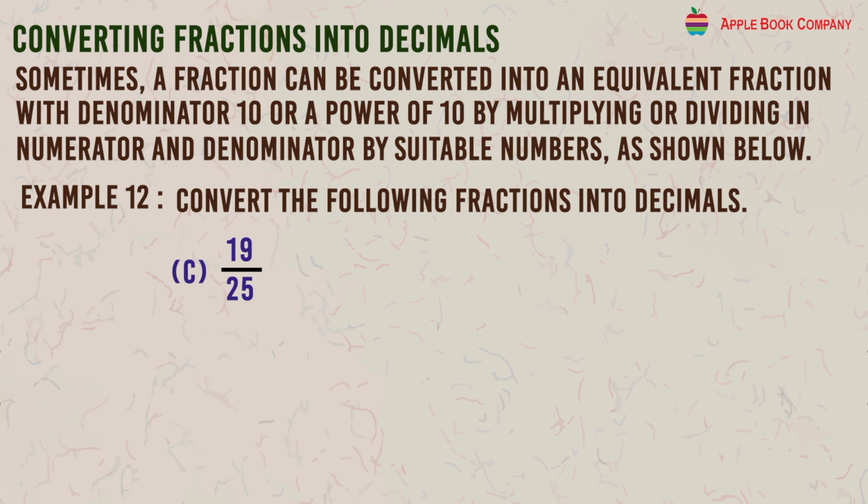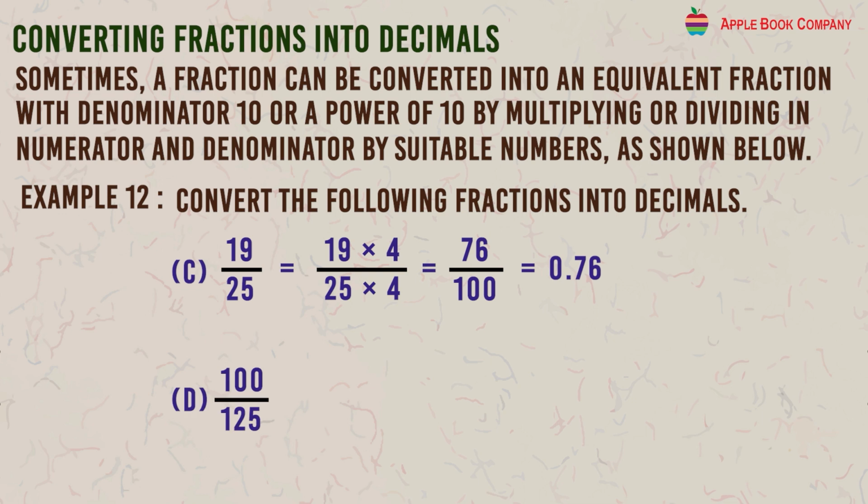C, 19 by 25 is equal to 19 into 4 by 25 into 4, which is equal to 76 by 100. It can be written as 0.76. D, 101 by 125 is equal to 101 into 8 divided by 125 into 8, which is equal to 808 by 1000, which equals 0.808.